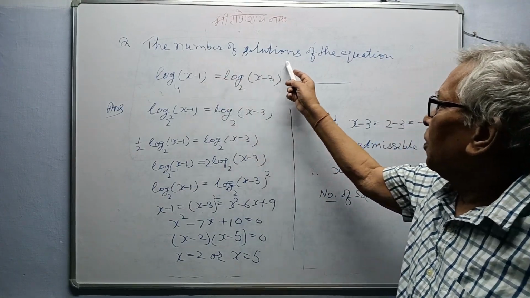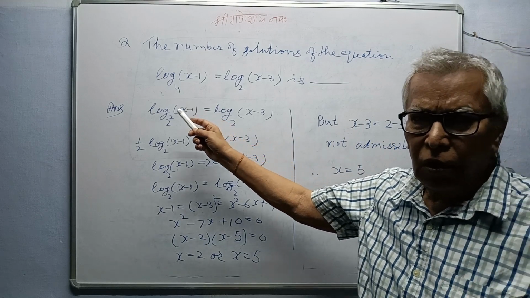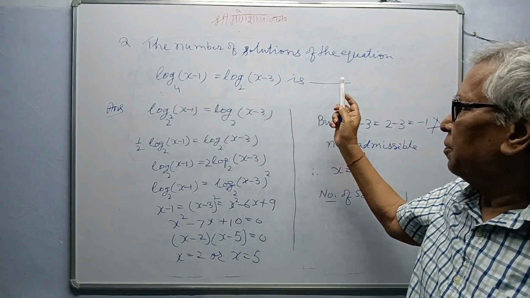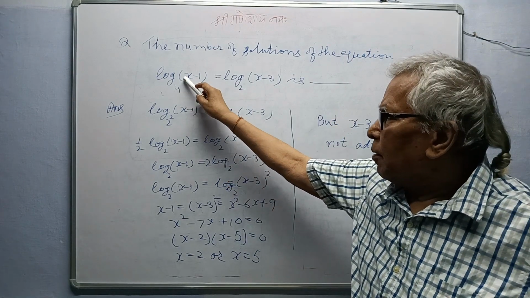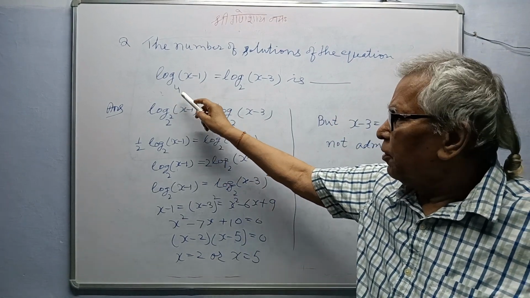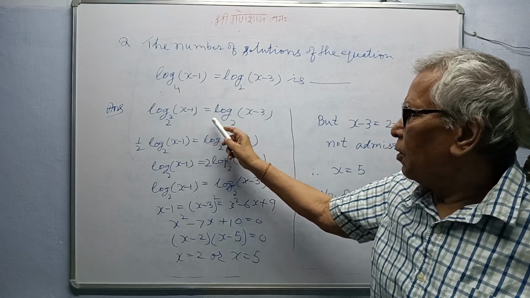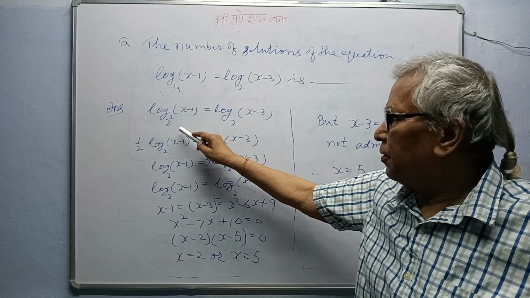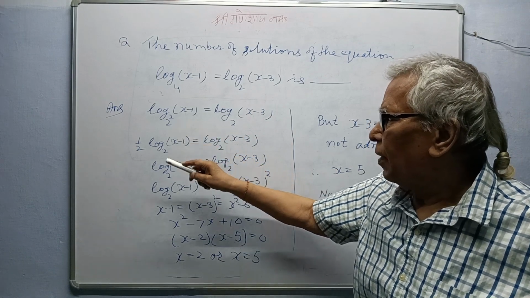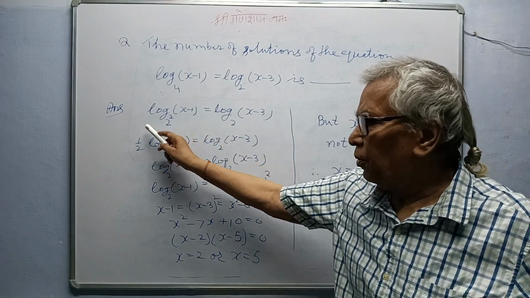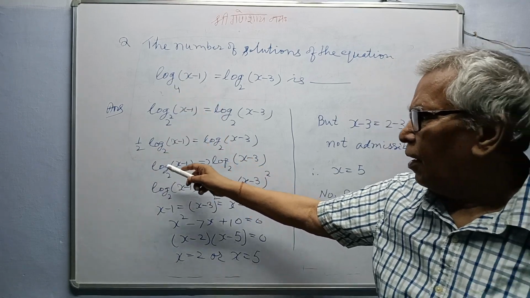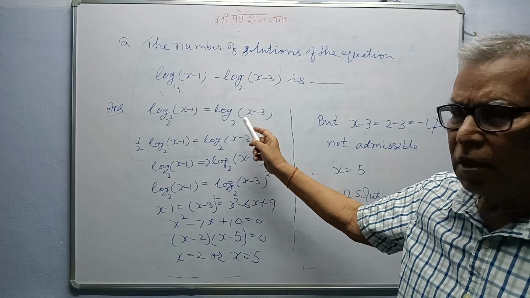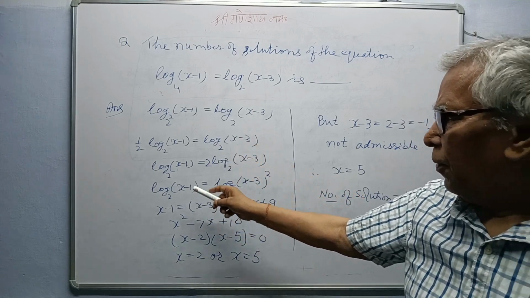Question: the number of solutions of the equation log x minus 1 to the base 4 is equal to log x minus 3 to the base 2. This can be written as log x minus 1 to the base 2 square is equal to log x minus 3 to the base 2. Because this base is 2, we will write 4 in the form of 2 square. Now this power will come out, 1 by 2, the 1 by k formula. So 1 by 2 log x minus 1 to the base 2 is equal to log x minus 3 to the base 2.